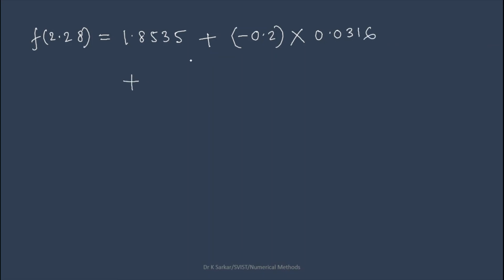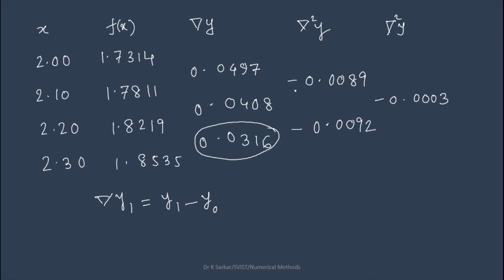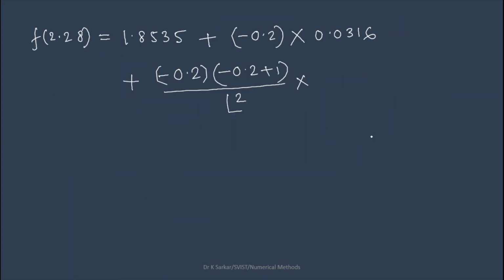Plus p, minus 0.2, into (p plus 1), minus 0.2 plus 1, divided by factorial 2 into del 2 yn. Del 2 yn is minus 0.0092.